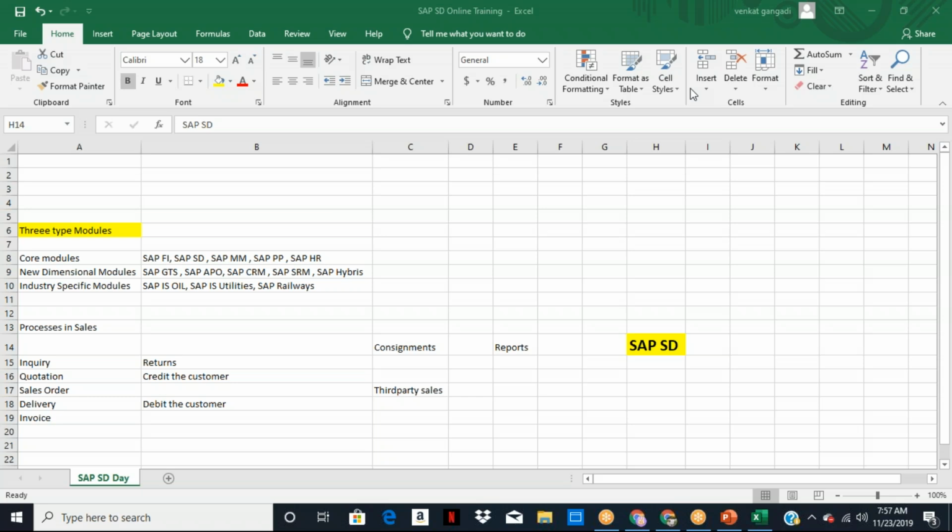At a very low level, we can communicate manually or verbally. But for organizations like HP, Dell, or Apple, is it really possible to communicate manually from one department to another? No, right? It is not possible.